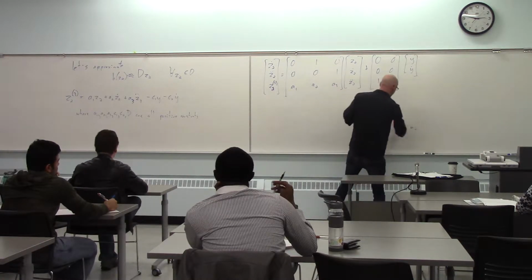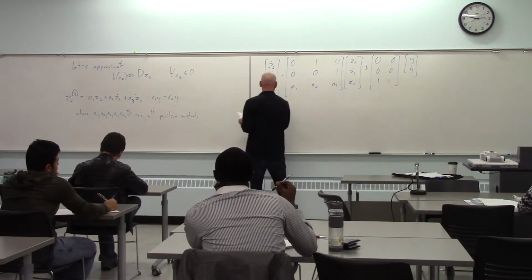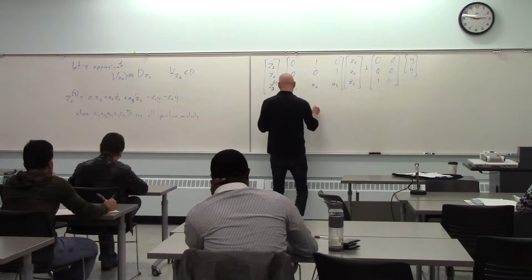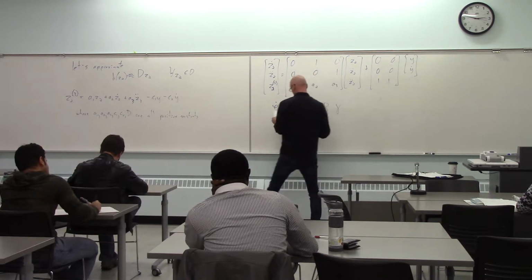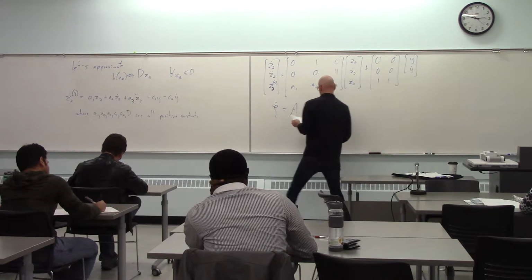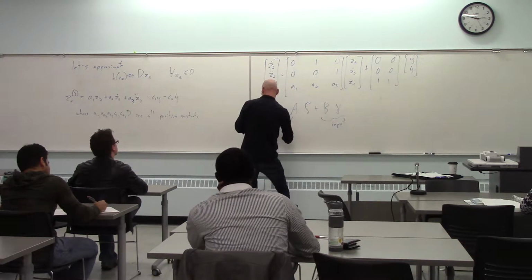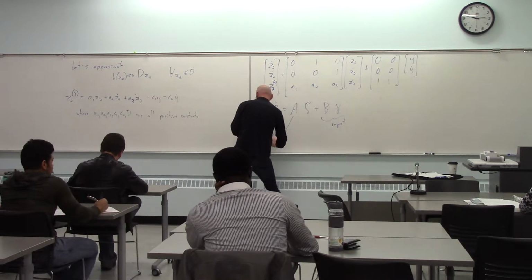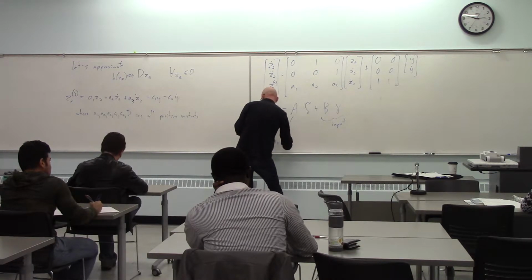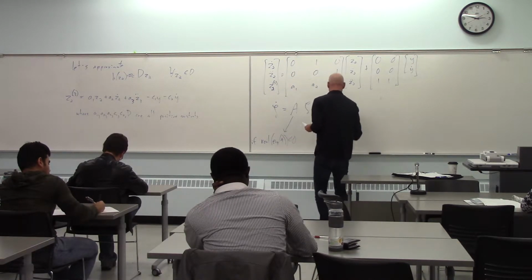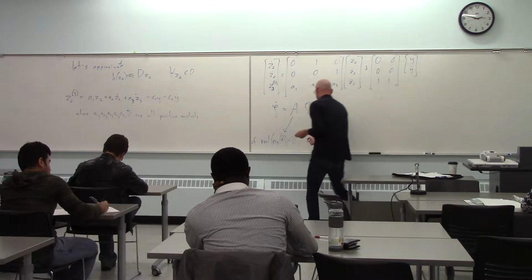So the way I look at this in terms of stability, I say zeta dot equals A zeta plus B gamma, and this is the input here. If the real part of the eigenvalues of A are less than 0, then the system is stable.